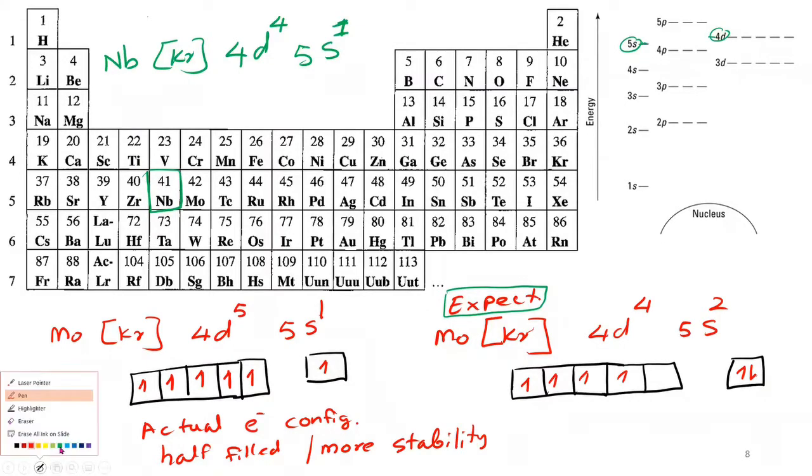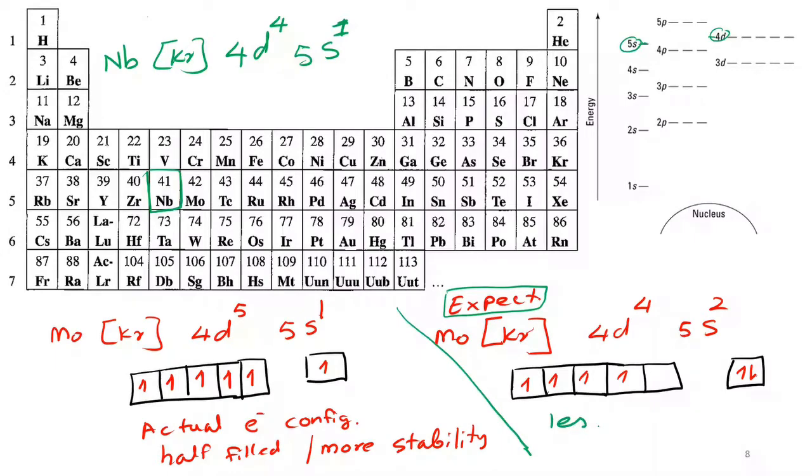But in the case of the expected electron configuration, this is a less stable electron arrangement. So keep in mind, it is very important that you understand this completely filled and half-filled scenario and the type of exceptions you're going to see.